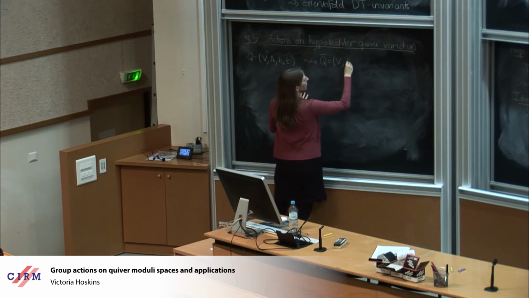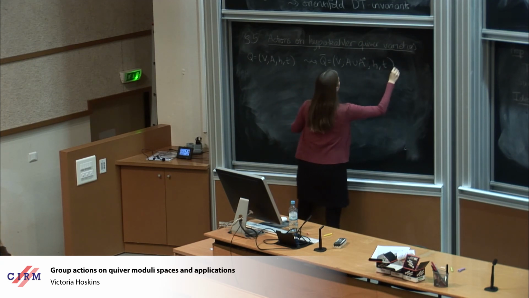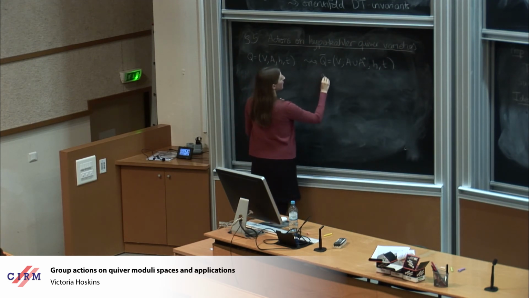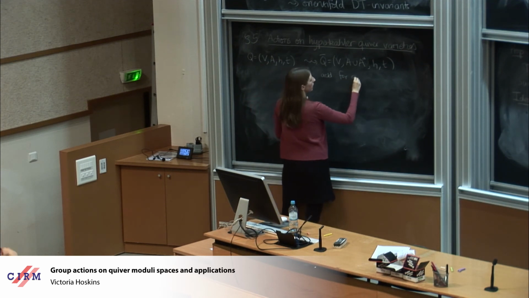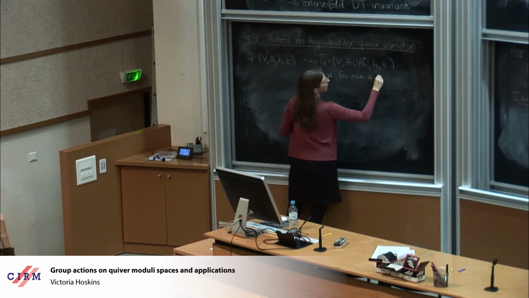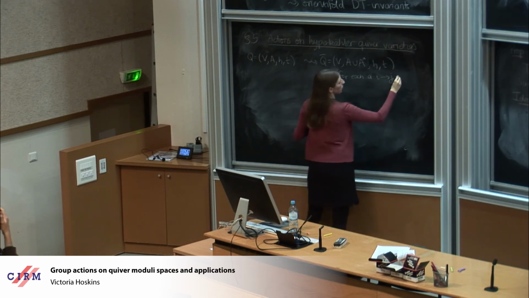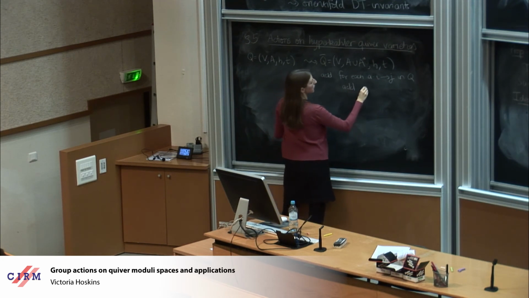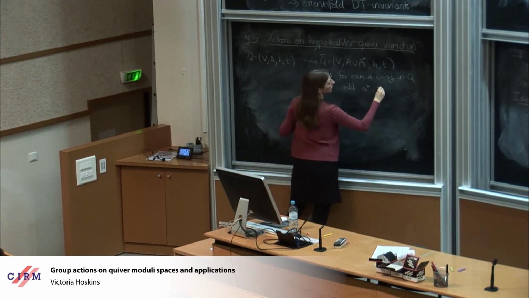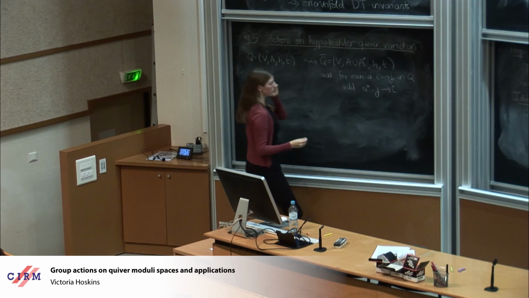What this means is that I add in some extra arrows, and what I add is, for each arrow in Q, we add an arrow in the opposite direction.